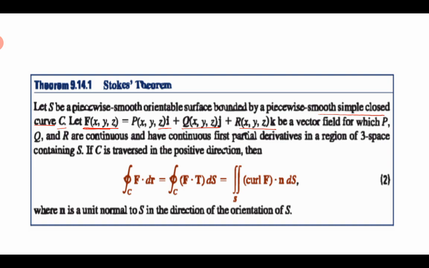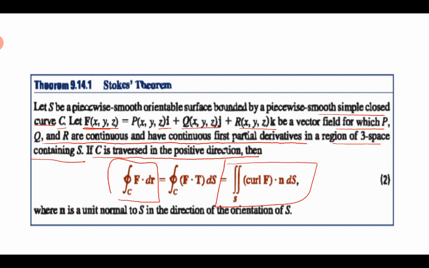Be a vector field for which P, Q, R are continuous and have continuous first partial derivatives in the region of 3-space containing S. Under all these conditions, if C is traversed in the positive direction, positive is anticlockwise, isn't it? So F dot dr can be evaluated by this one.